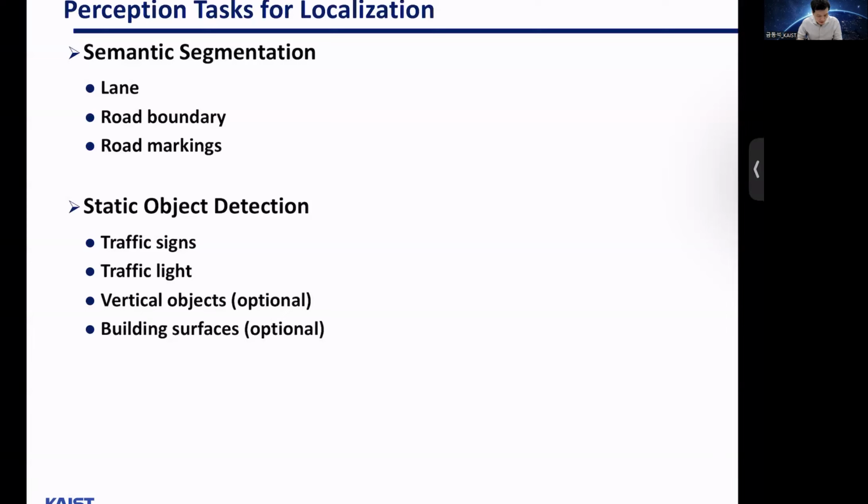So here, like I said a minute ago, we need to do mainly two types of tasks, groups of tasks for localization. One would be semantic segmentation, but in vector space.